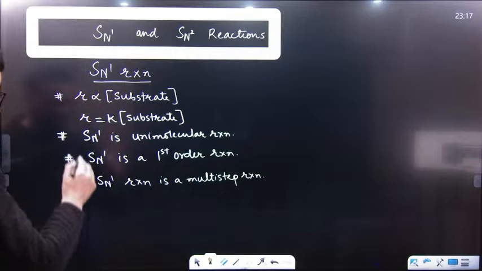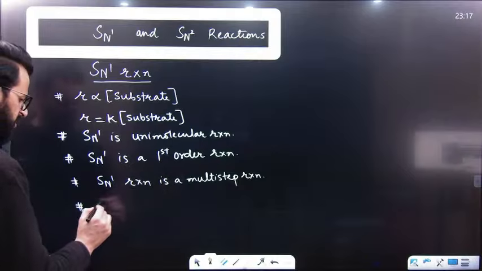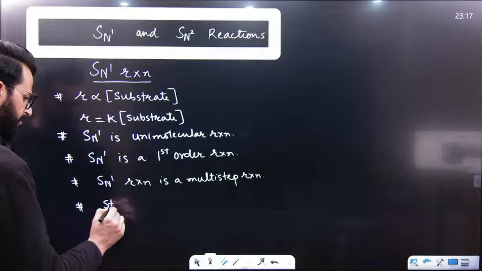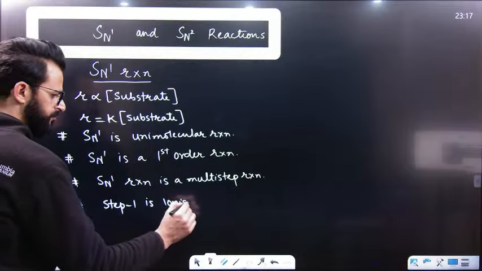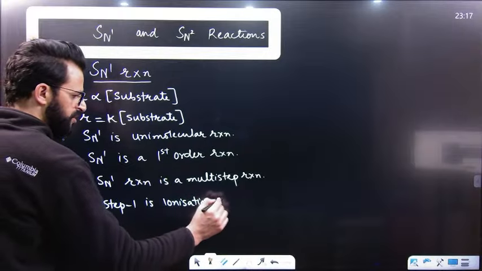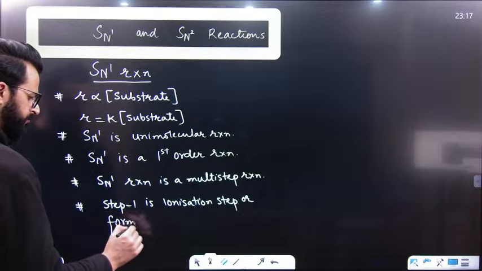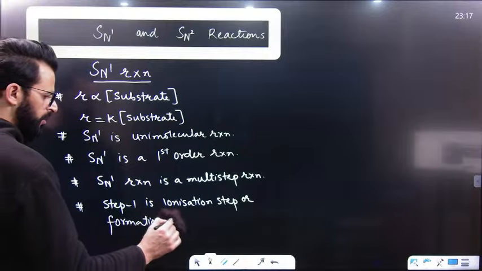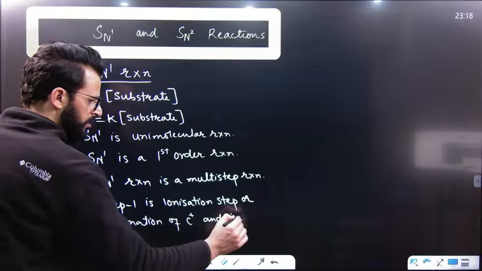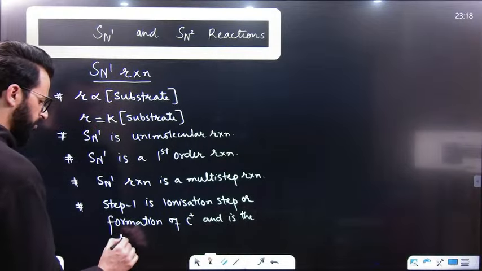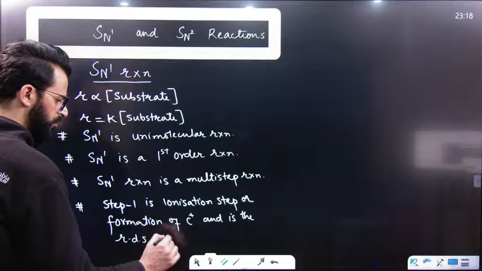Step 1 is the ionization step, or formation of carbocation, and is the RDS of the reaction, the slowest step of the reaction.